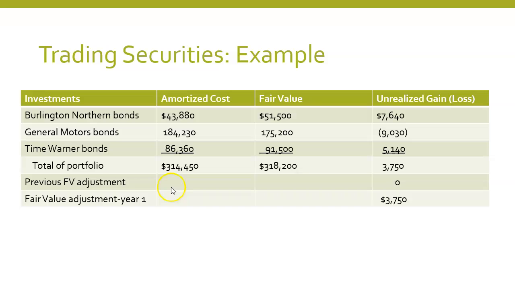Okay, if I had a fair market value adjustment from last year, I would have that here. So this is year one, so we don't have any previous year adjustment. And so our adjustment for year one is the $37.50.